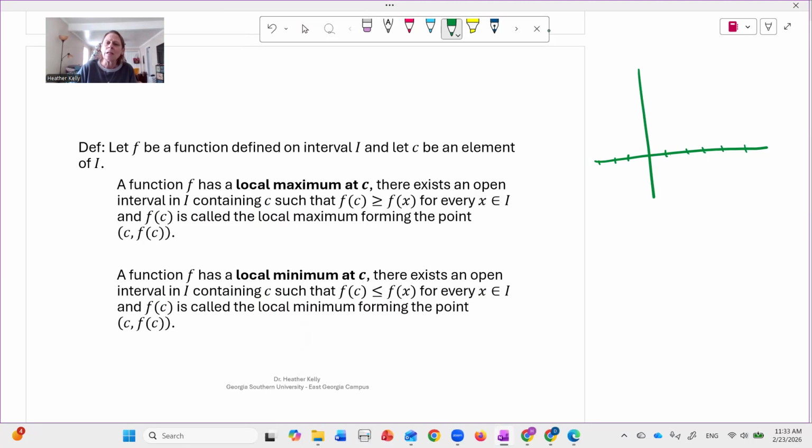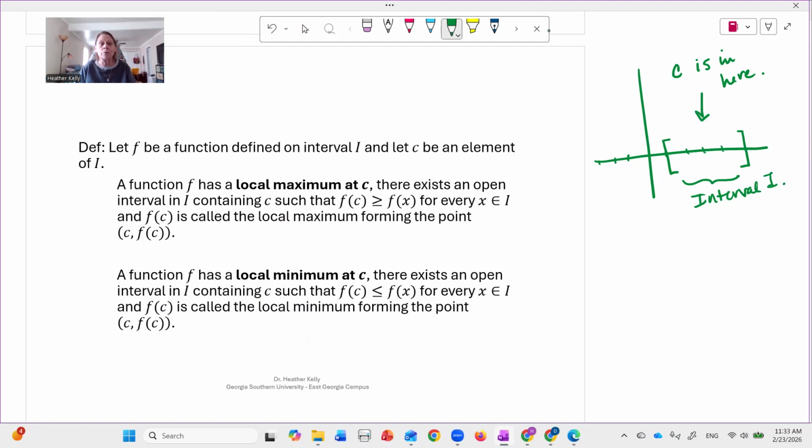And whatever, we could call this interval I. So basically, when we say it's defined on an interval, it could just be any interval between negative infinity and positive infinity. Okay. All right, so let f be a function defined on interval I, and let c be an element of that interval. So that means c is in here someplace.